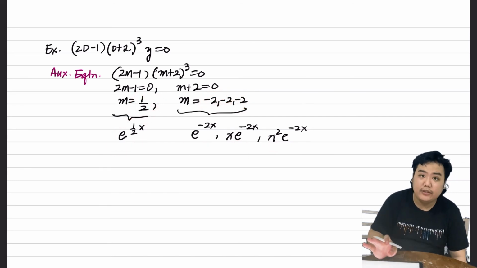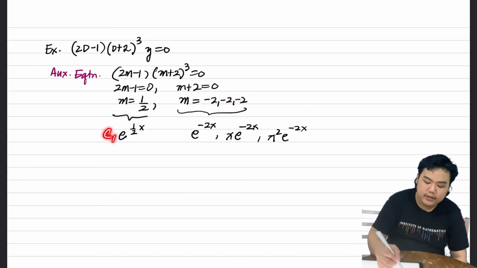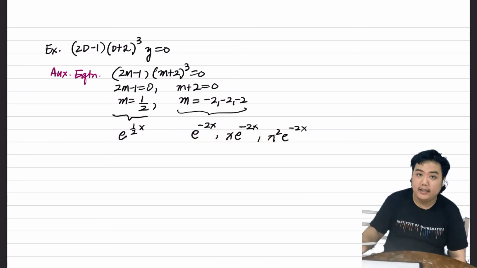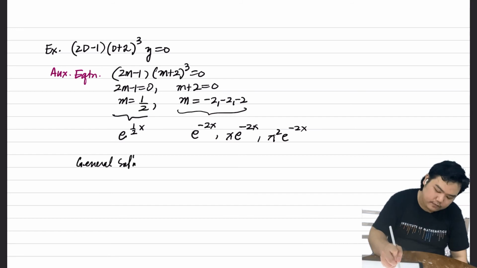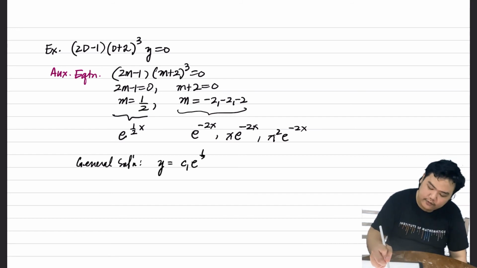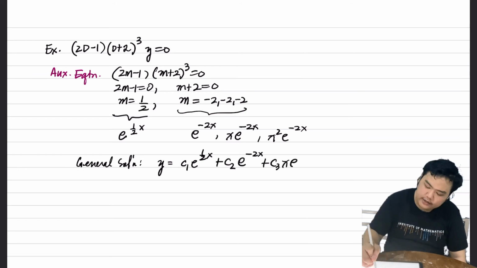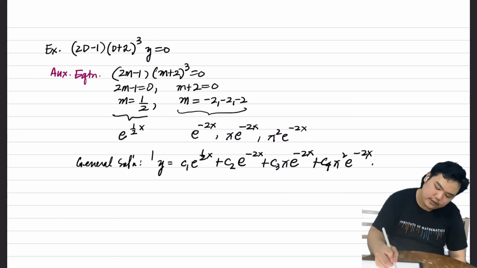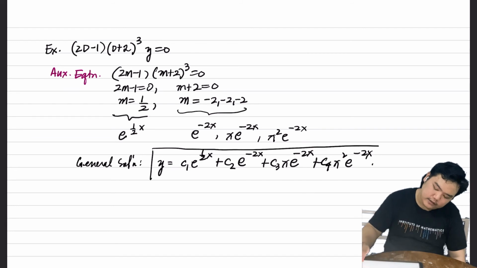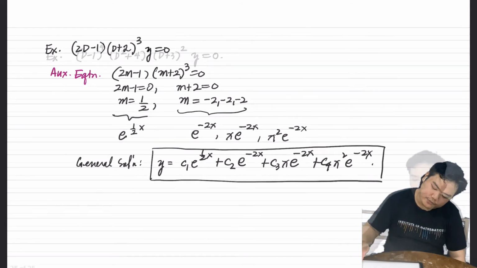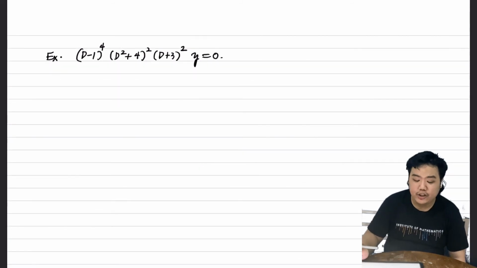And then the general solution, lalagyan mo lang ito na C1, C2, C3, C4, and then add all of them. Y equal to C1 e raised to 1/2 x plus C2 e raised to negative 2x plus C3 x e raised to negative 2x plus C4 x squared e raised to negative 2x. So this is the general solution.